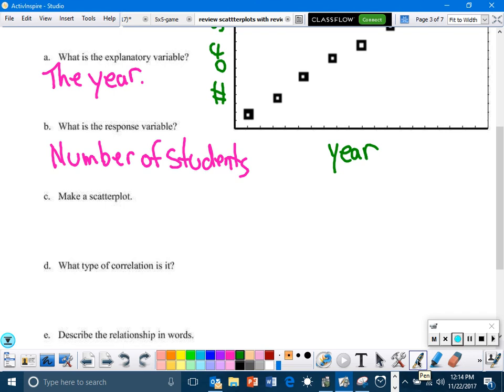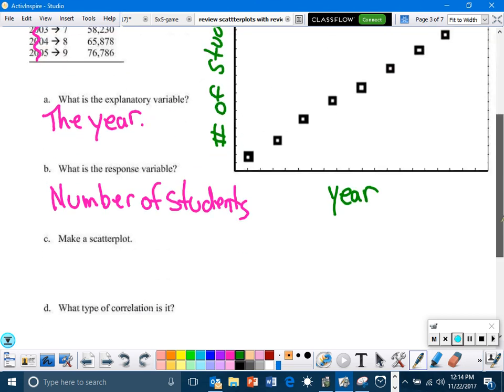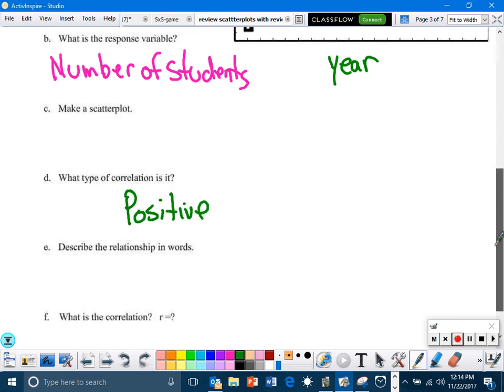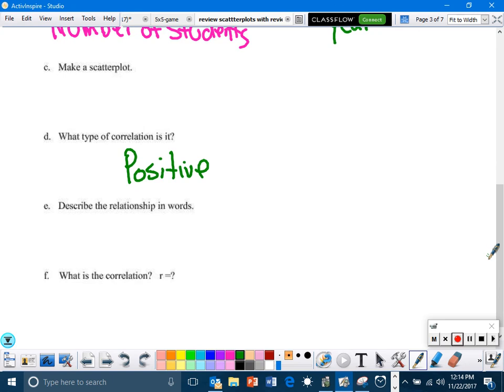What type of correlation is it? Well, that obviously is positive. Describe the relationship in words.